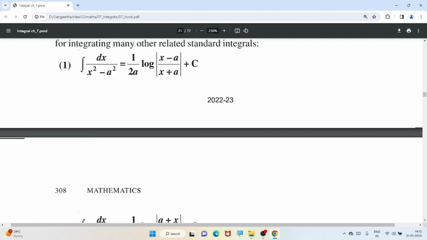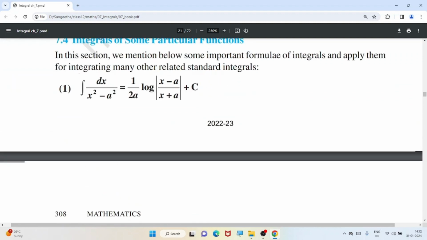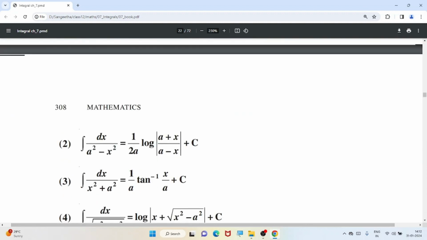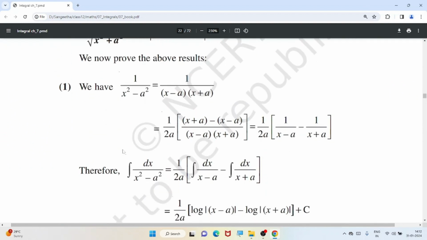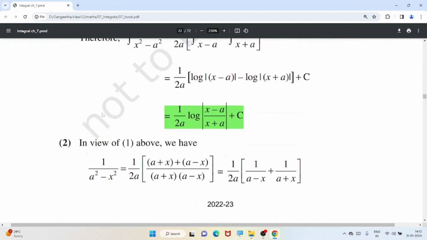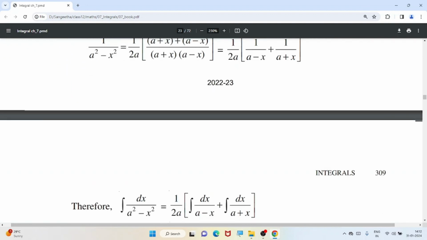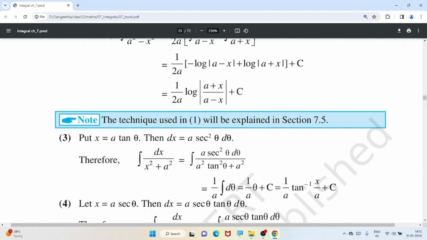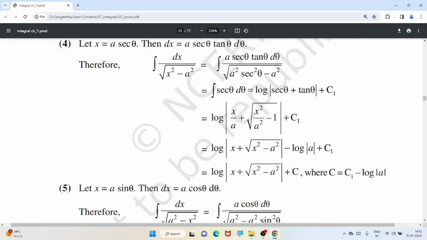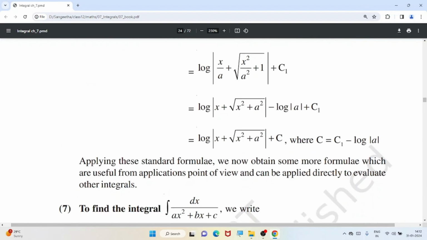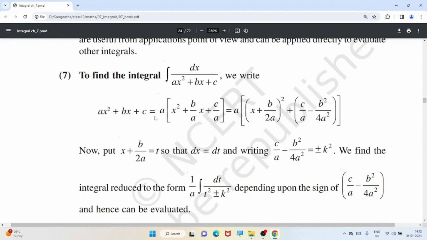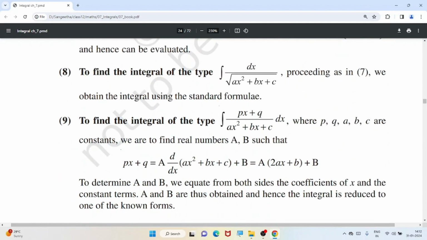Here dx is there, so here x minus a by x plus a, but if you interchange a and x, you see plus is coming here. This is the result. By practice only you will be able to remember these things.